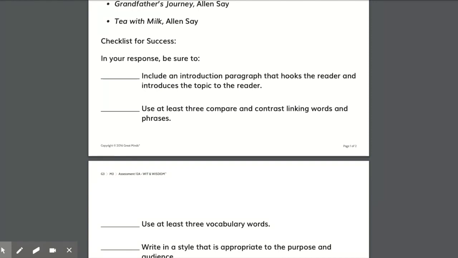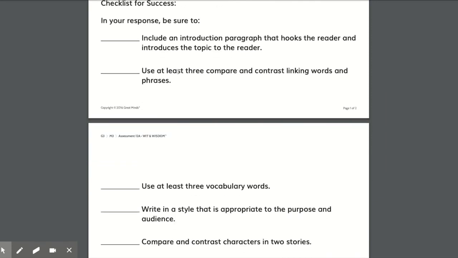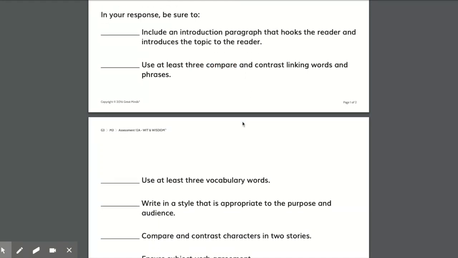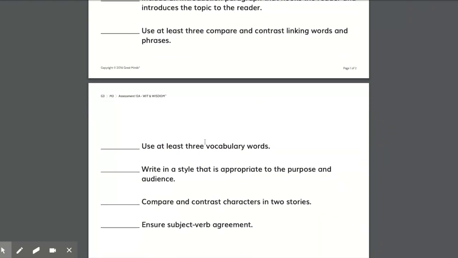Now, use at least 3 compare and contrast linking words and phrases. We also know this. There are some graphics in previous lessons that I've made that will give you a list of those linking words. Use at least 3 vocabulary words. Any words that we have gone over again and again, or words that you see repeated throughout the text, may count as vocabulary words.